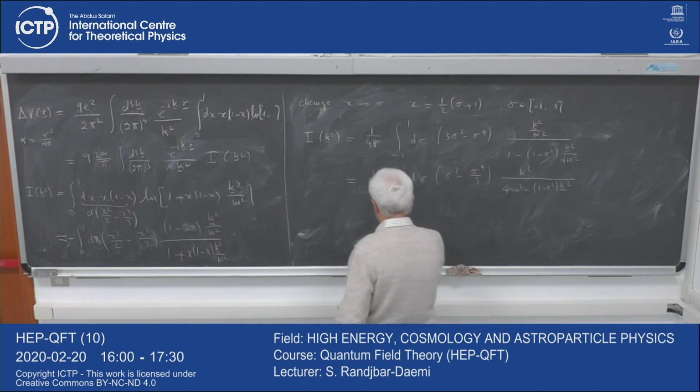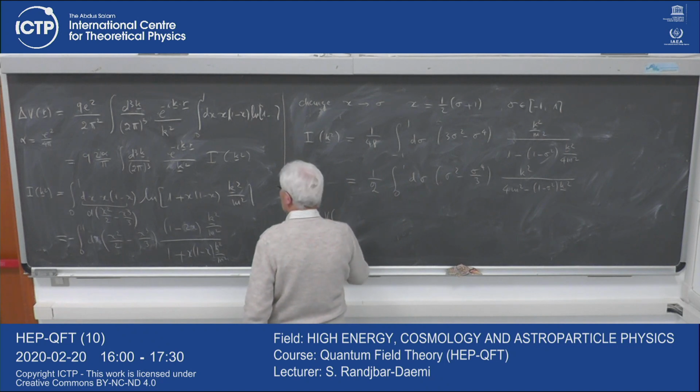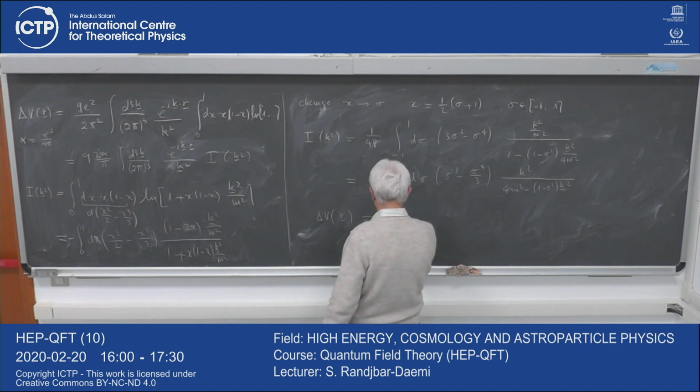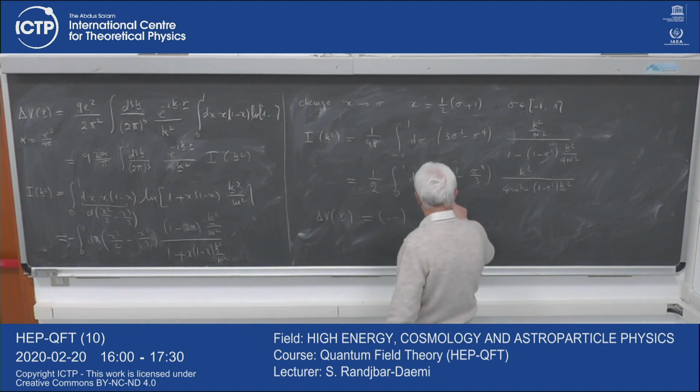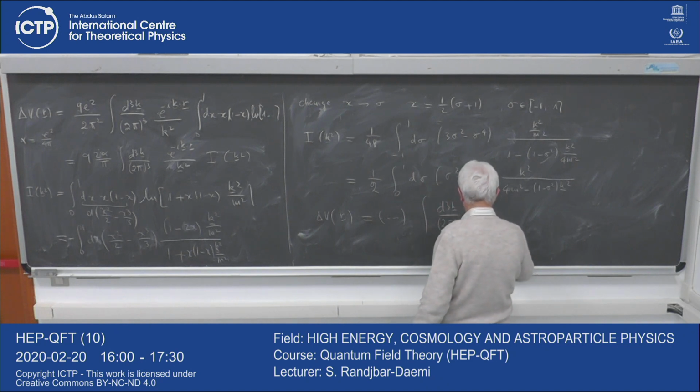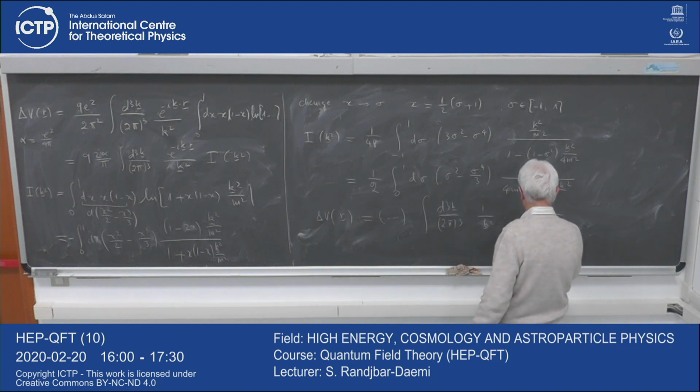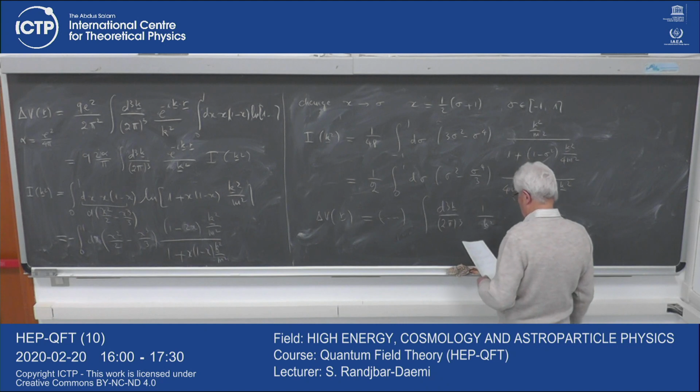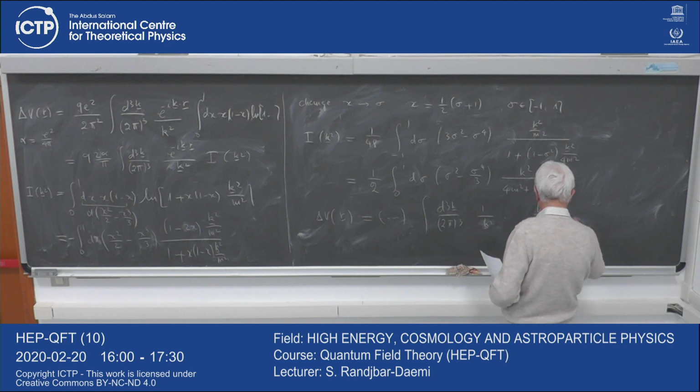So delta V of R will be some prefactors, d3k over 2 pi cubed, 1 over k squared, times k squared over 4m squared plus 1 minus sigma squared times k squared.